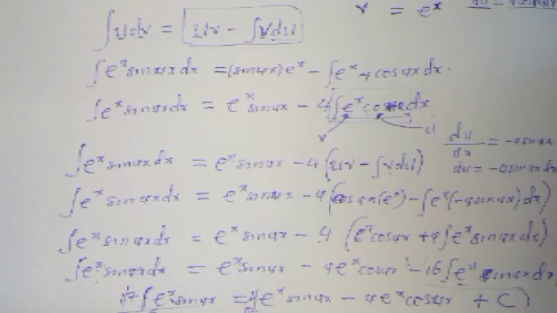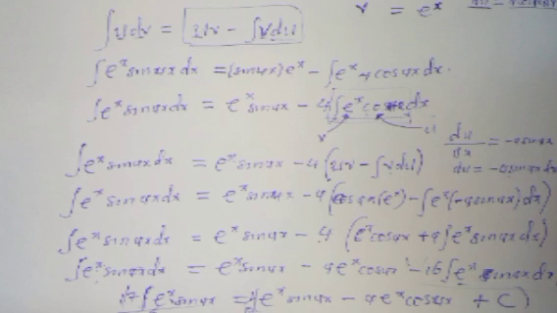If you check the one which has negative 16 integral of e to the power x sine 4x, it is one and the same as what is on your left hand side, meaning that these two can be added, and you're going to reach the last point there where we have 17 integral of e to the power x sine 4x equal to e to the power x sine 4x minus 4e to the power x cos 4x plus c.